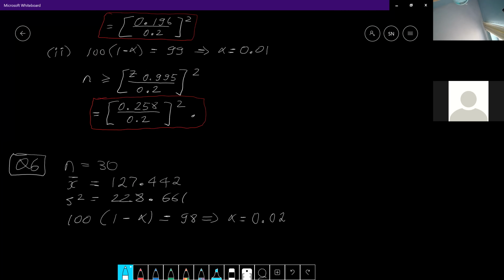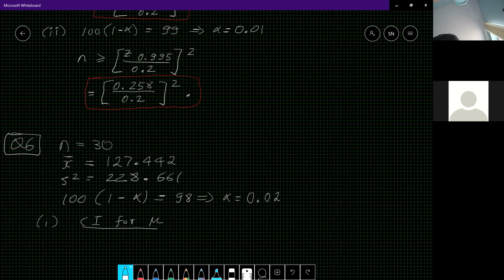All right, the first part is to find the confidence interval for mu. You should look at the 4 different formulas that I gave you at the beginning.